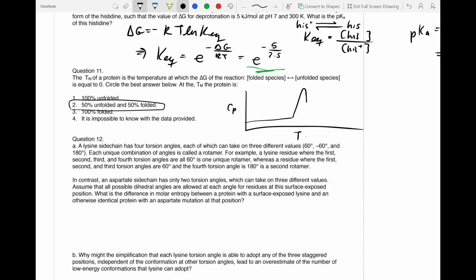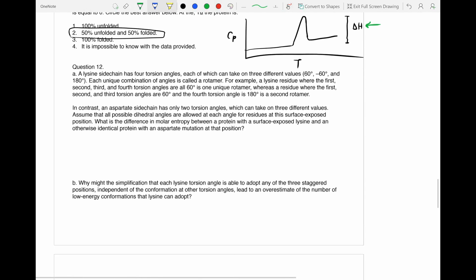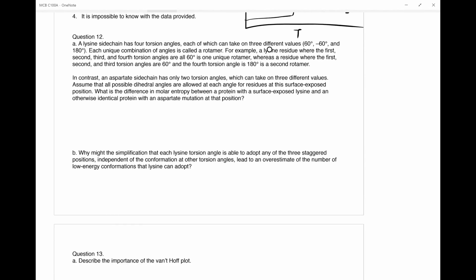And then it's going to go down, and it should slightly keep increasing. And this can be used to calculate the change in enthalpy for a protein. And this value in this entire scenario is important for drug design, but I will not be going any further into that.